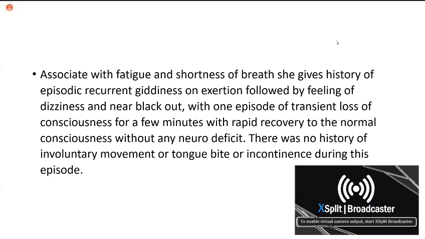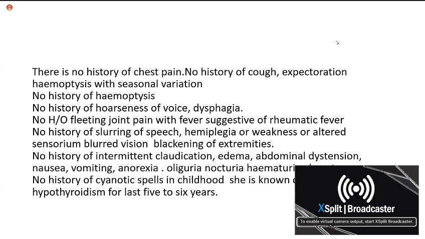Okay, right. Yes, sir. Now some negatives: there is no history of chest pain, no history of cough, expectoration, or hemoptysis with seasonal variation, no history of hoarseness of voice or dysphagia, no history of fleeting joint pain with fever suggestive of rheumatic fever in childhood, no history of slurring of speech, hemiplegia, weakness, altered sensorium, blurring of vision or blackening of extremities, and no history of intermittent claudication, edema, abdominal distension, nausea, vomiting, anorexia, oliguria, nocturia or hematuria.